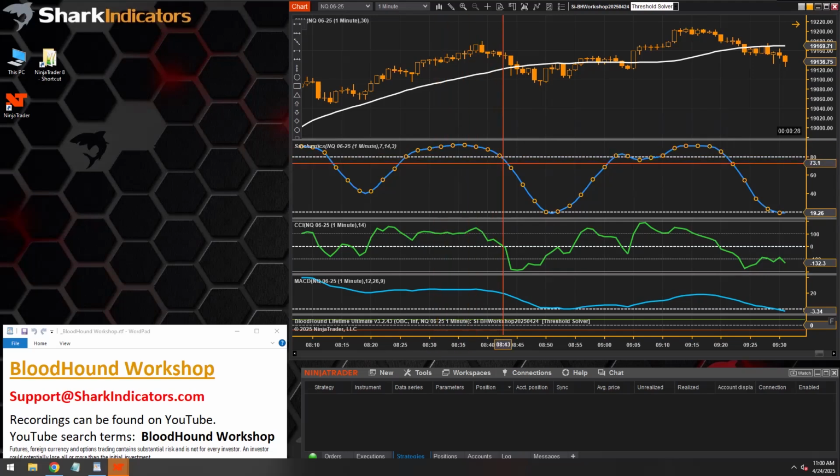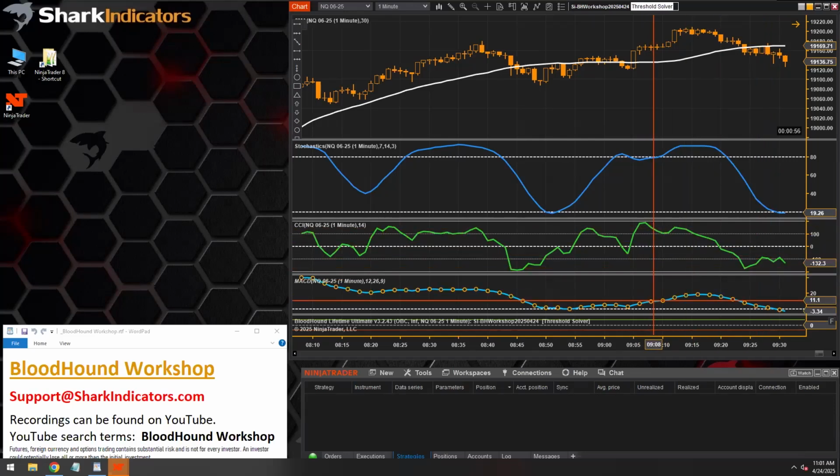So a threshold solver helps you identify when an indicator, and the most common use case is indicators that oscillate inside their own subpanel here. So an indicator that ranges between 0 and 100, or maybe it's the CCI, where it goes negative all the way to positive.